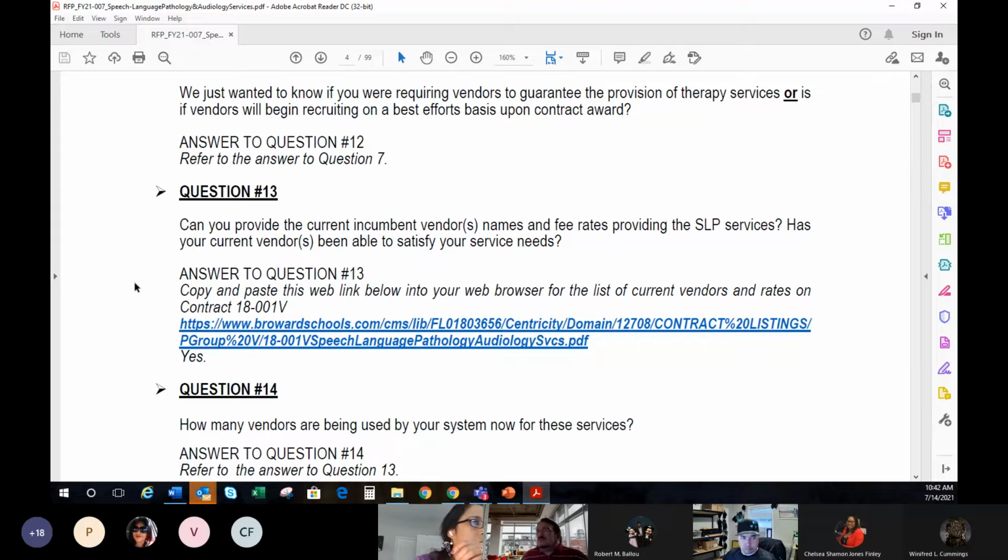And this will show you what's called contract award information. And this lists every single vendor that was awarded the contract and what their pricing is for a speech language pathologist and an audiologist. So later on, I don't know if you're going to get a copy of this RFP, but you can test that out by going to this link and it will give you an example of the information that's provided to you.